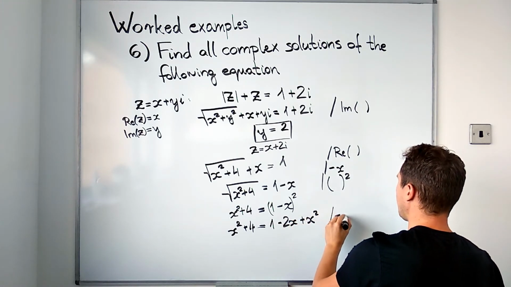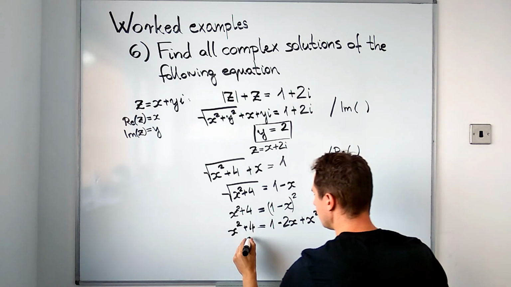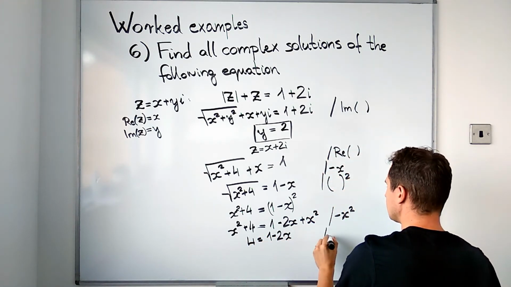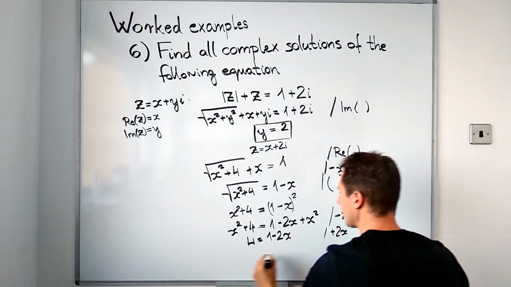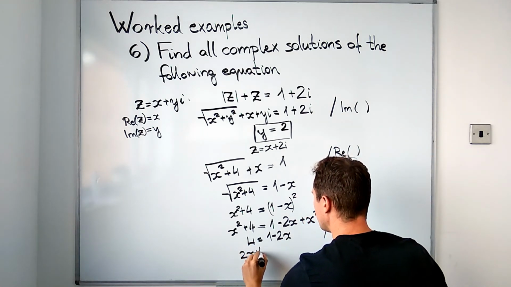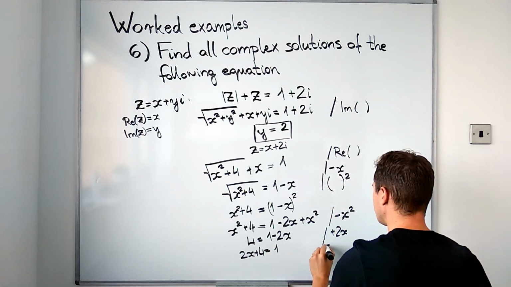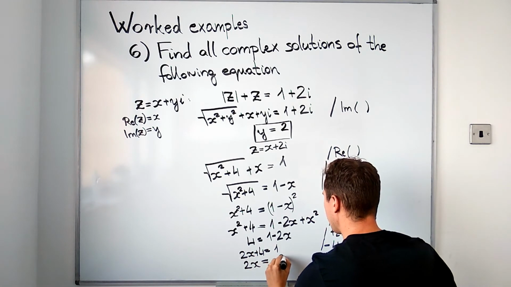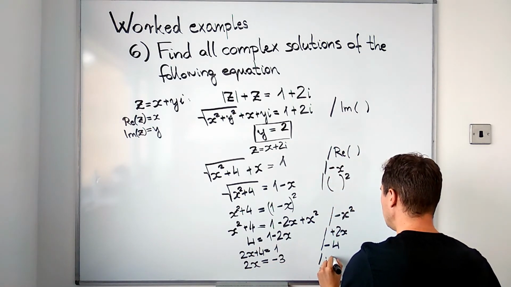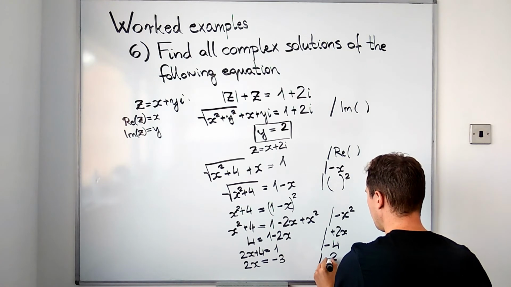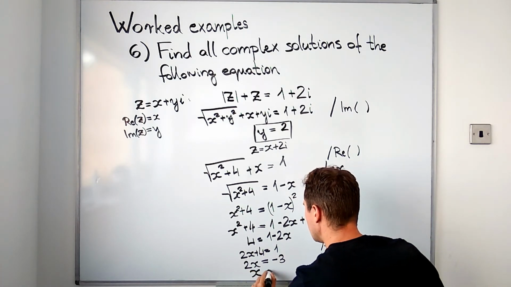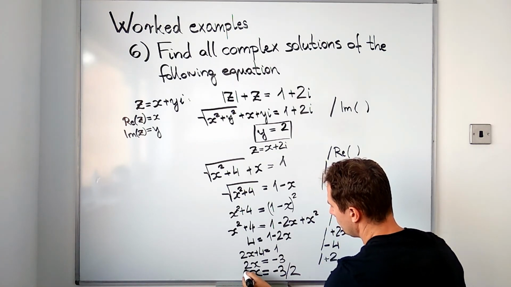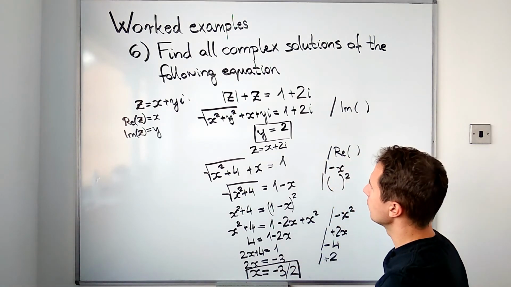Subtracting x squared from both sides, we get 4 equals 1 minus 2x. Let's add 2x, we get 2x plus 4 equals 1. Subtract the 4 from both sides, 2x is equal to negative 3, and divide by 2 to get x equals minus 3 over 2. So we have the real part of the solution as well.